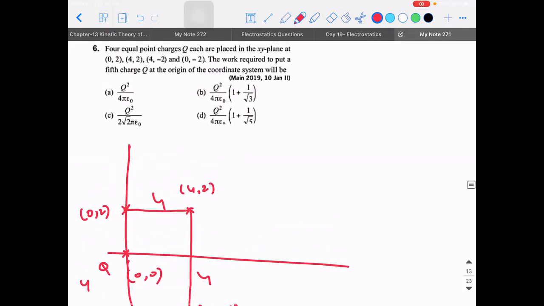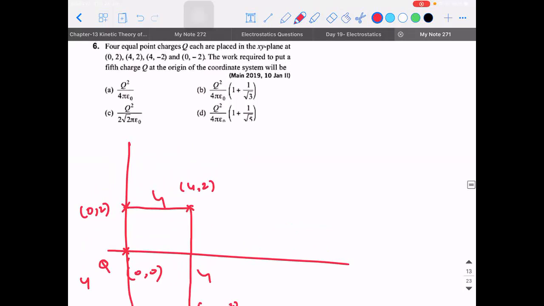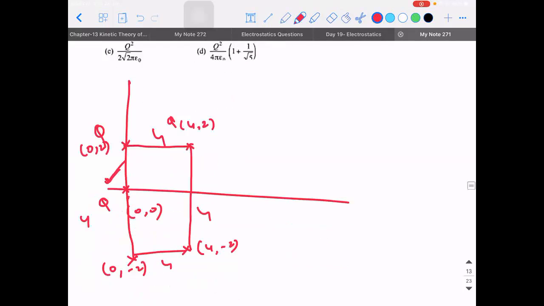So they're asking what is the potential. Work required to put the fifth charge means they're actually asking you to calculate the potential energy of the system by taking this into consideration. There are 4 charges, right?